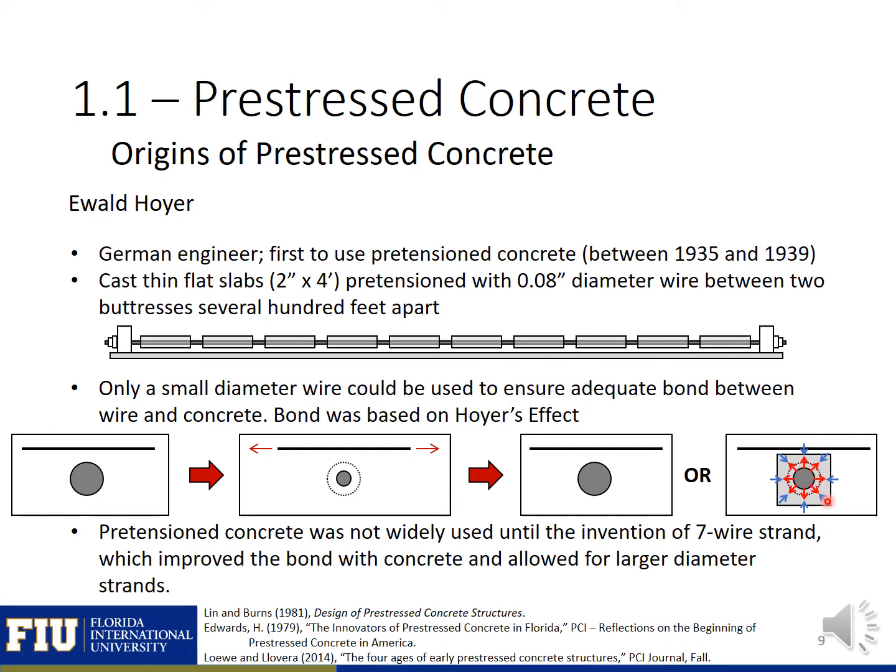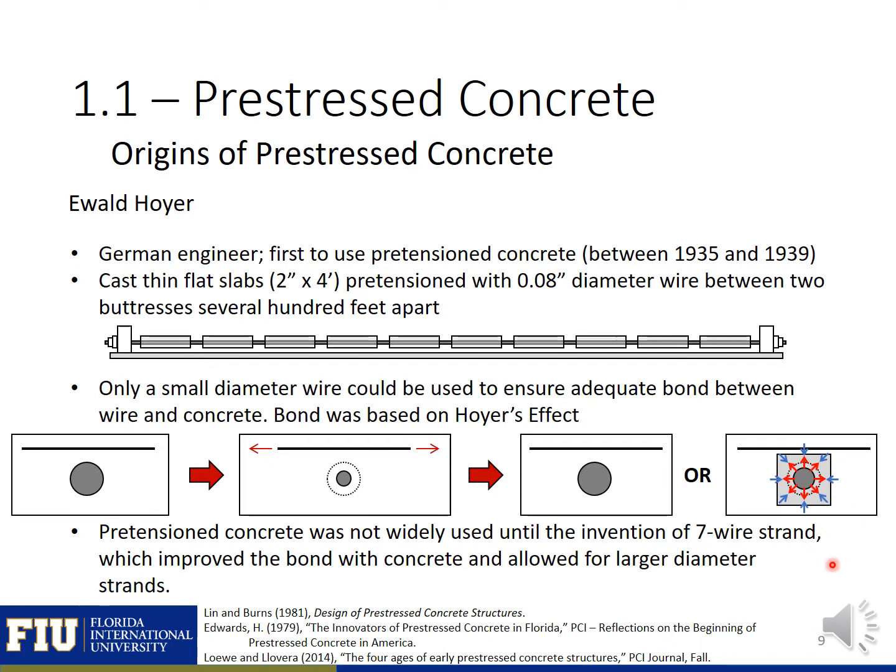This creates a good bond between the strand and the concrete, and it helps develop these smooth strands in shorter distances than would be required if there was no tension in the wire.